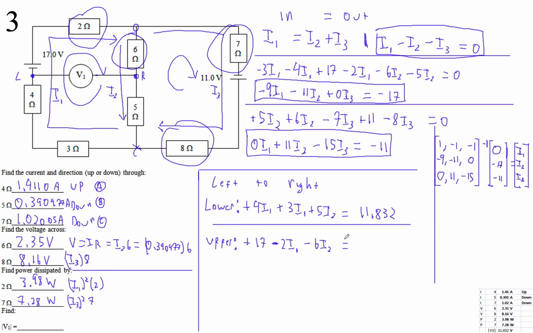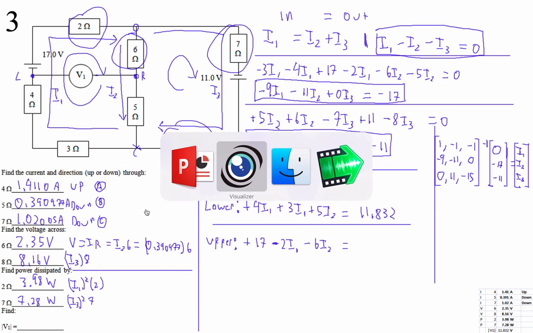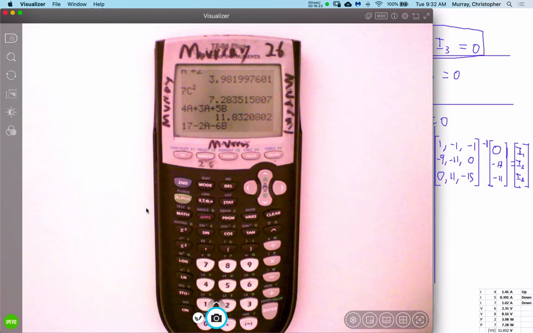So let me type this in my calculator. I'm typing 17 minus 2A, because I stored I1 in A, minus 6B, okay? 11.832.